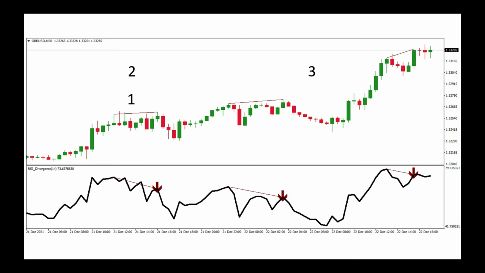This is the 30-minute chart, so it's very fast. Then in the second example, we have another bullish setup on the chart and a bearish setup on the oscillator. And again, as you can see after the bearish arrow, for several hours we have a bearish trend.